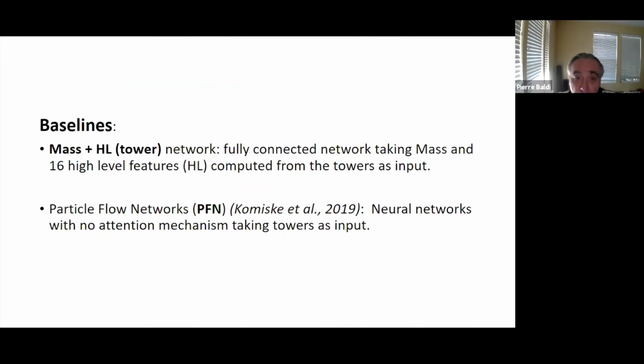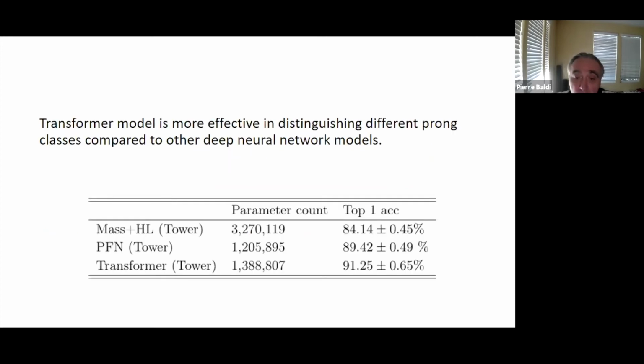So that's what we do. We compare to the fully connected feed-forward network. We compare this to particle flow networks. We use transformers, and this is the kind of results that we are getting. You can see that the best results that we have obtained so far are with the transformers, about 91% correct. And the number of parameters is reasonable.